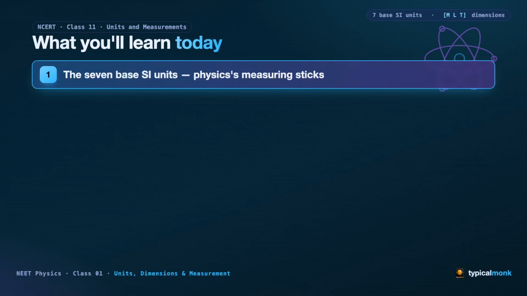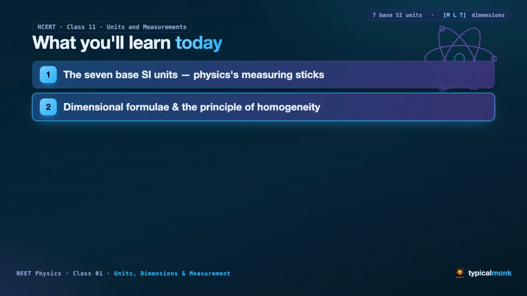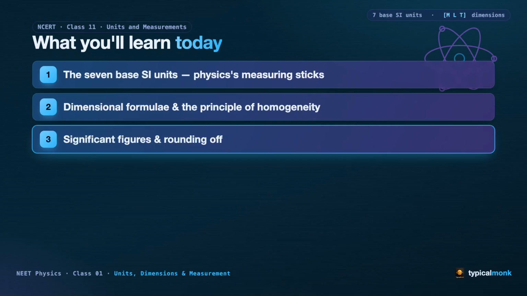So what will you carry home from today's class? First, the 7 base units of the international system, the measuring sticks of all physics, the ones every other unit is built from. Second, dimensional formulae and the principle of homogeneity. How to write what a quantity is made of and how to check an equation with it. Third, significant figures and rounding off, how a number quietly tells you how precisely it was measured.